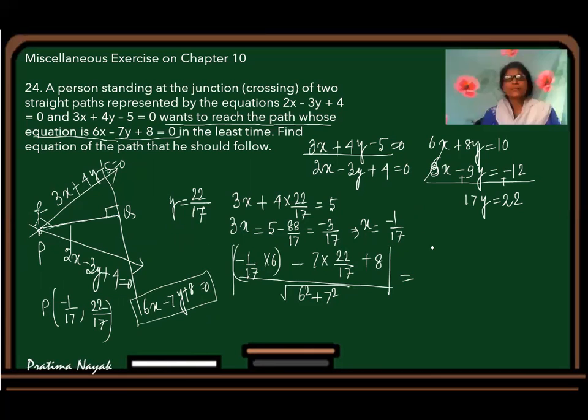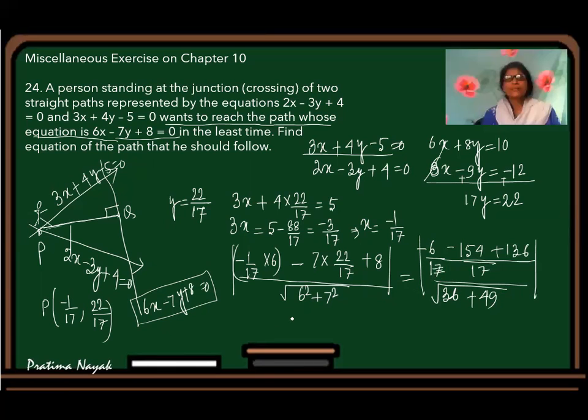It will be 6 by 17 negative, minus 154 by 17, plus 136 by 17.